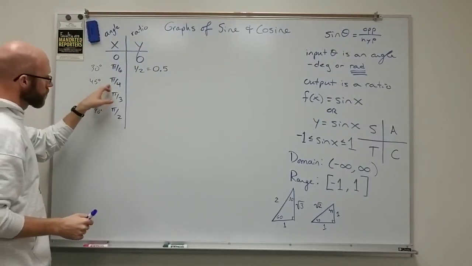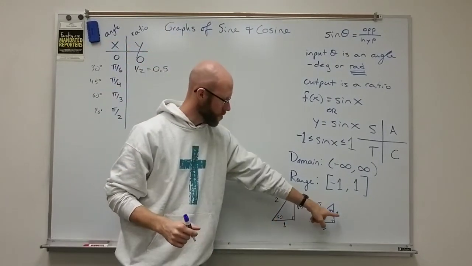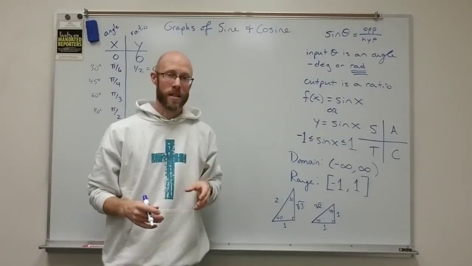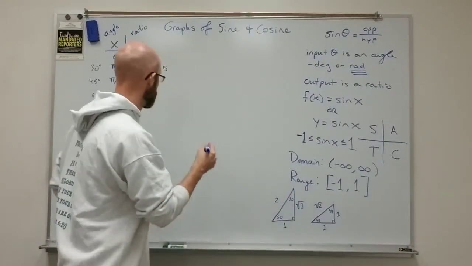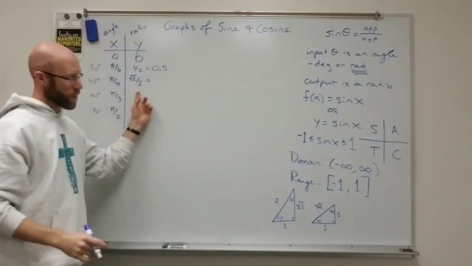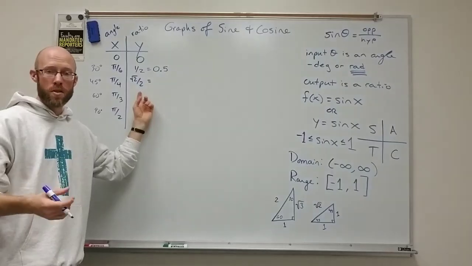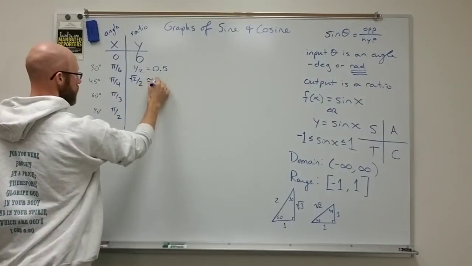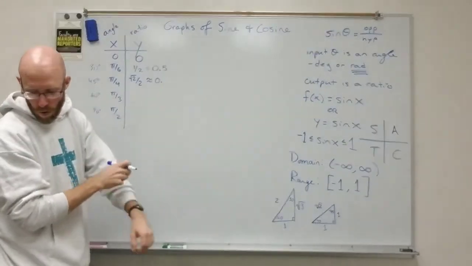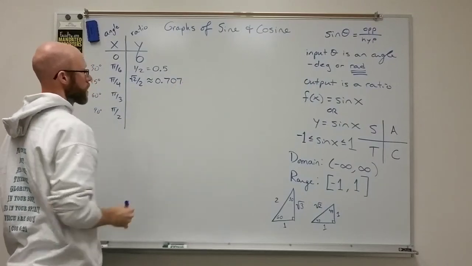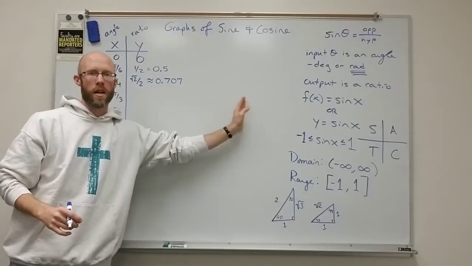If I want the sine of pi/4, of course that's 1/√2, or if I rationalize the denominator, √2/2. The decimal form for this, if you punch this in your calculator, is approximately 0.707. There's of course an infinite number of decimals.